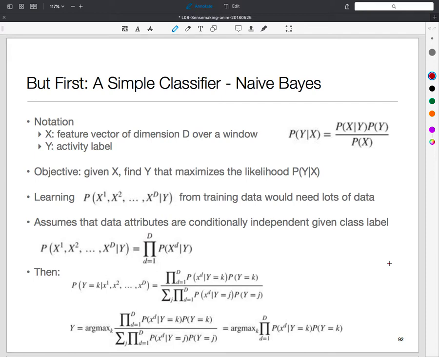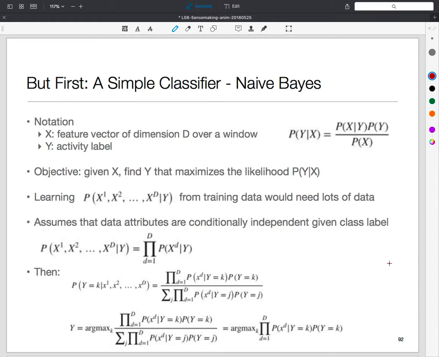If I tell you how much the person sleeps, then these two are kind of independent. What that translates to mathematically is that this expression, since x1 through xd are independent, can be viewed as a product of the conditional probability of each attribute with respect to y. So what was basically one very complicated thing is now a bunch of simpler things. And each one of these, because each dimension can take only a small number of values, can be sampled with a lot fewer samples.